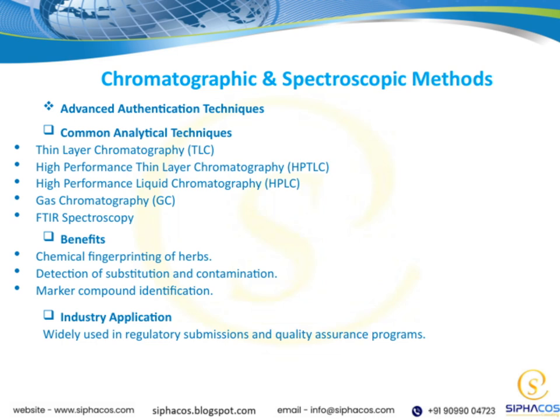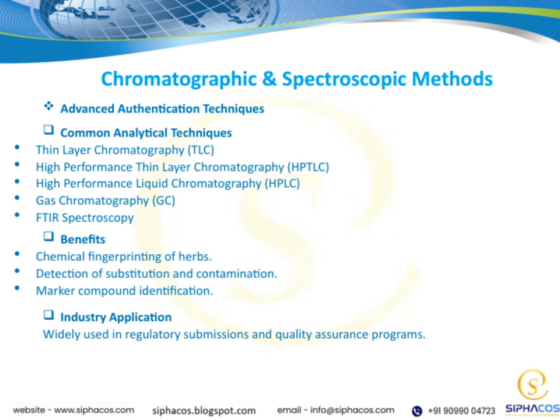Building on that, we have high-performance thin layer chromatography, or HPTLC, which offers higher resolution and sensitivity. Then there's high-performance liquid chromatography, HPLC, a powerful technique for analyzing complex mixtures with great precision. Gas chromatography, or GC, is particularly useful for volatile compounds.